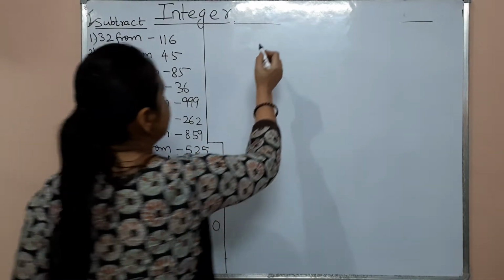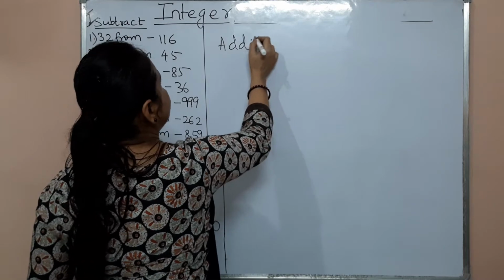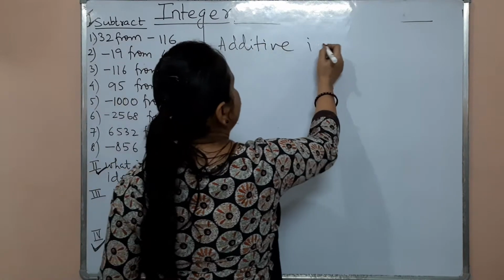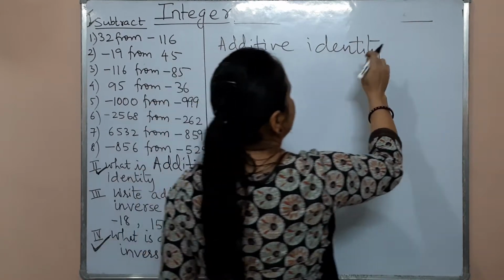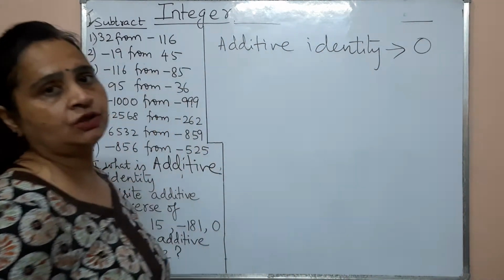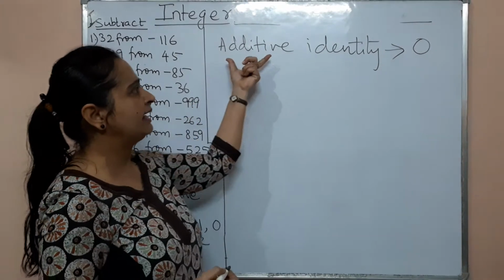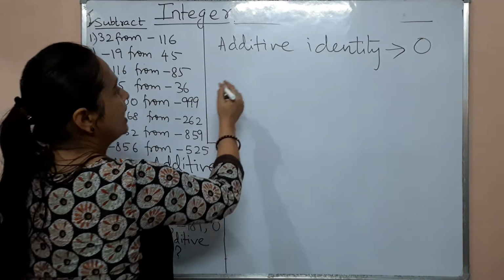Now let us remind ourselves of additive identity. You remember it is 0. We have already studied that multiplicative identity is 1 and additive identity is 0. Why is it 0?